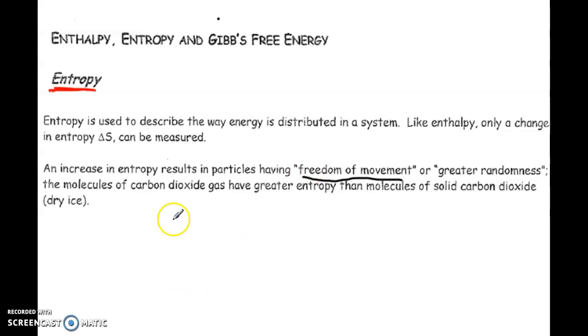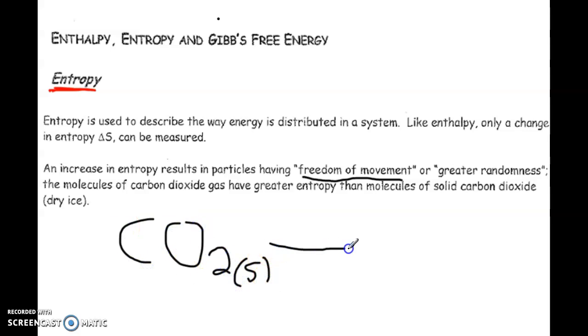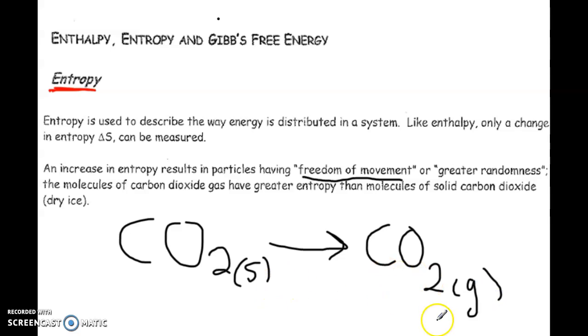So for example, we're comparing a sublimation reaction. Let's say we have solid carbon dioxide going to gaseous carbon dioxide. So we have a phase change here. The particles of the gas have much more movement associated with them compared to the particles in the solid.